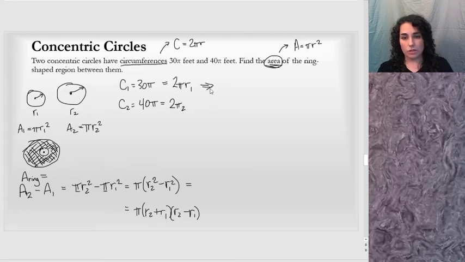When I solve these two equations, and if you need to, you can pause for a moment, I divide by 2 pi on both of these equations. Divide by 2 pi here and 2 pi on this side. So R1 equals 30 pi divided by 2 pi, which is 15.